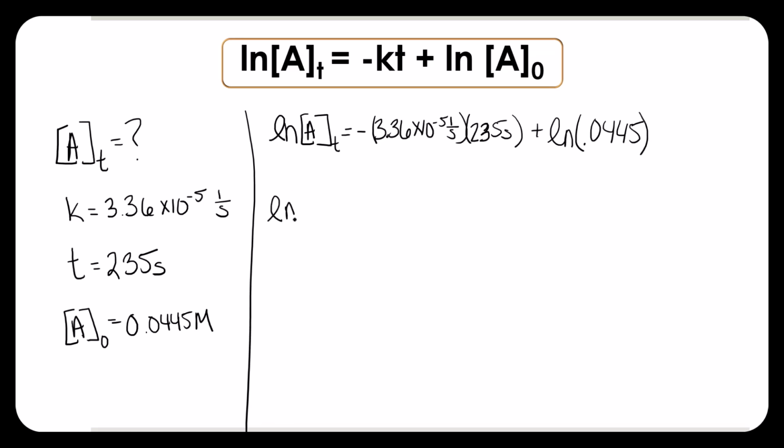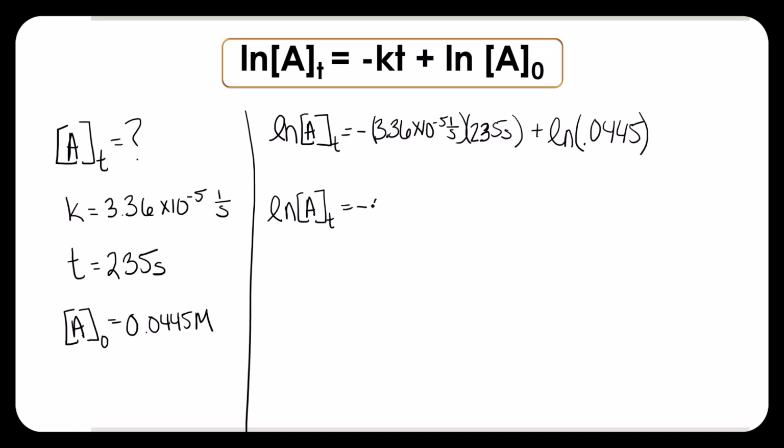All right, so I'm just going to clean up the right-hand side of this equation and plug some stuff into my calculator. So first I'm going to multiply the first 2 numbers together. So I'm just going to carry that negative down. And we've got 3.36 times 10 to the negative fifth times 235.